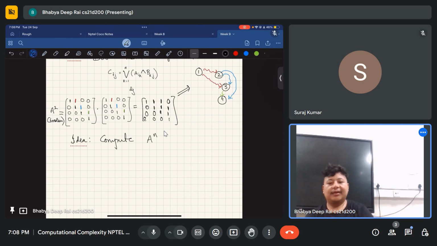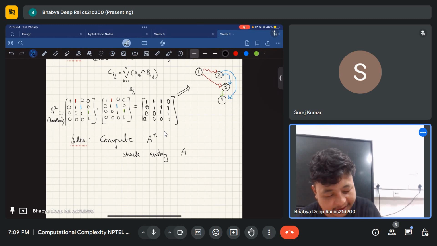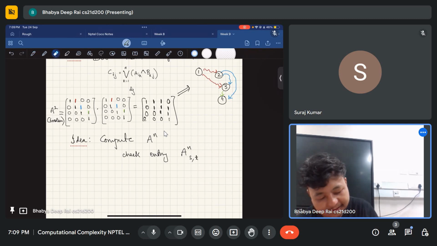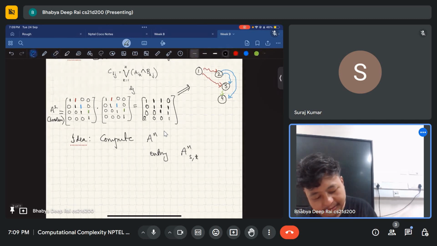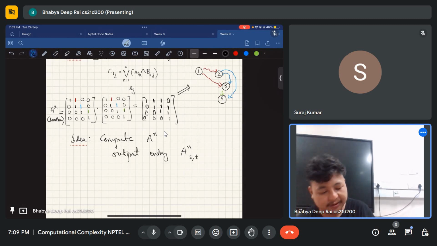Okay. And check entry a to the n s t. If it is 1, then, but we are talking about circuit simulating, so then output entry this.